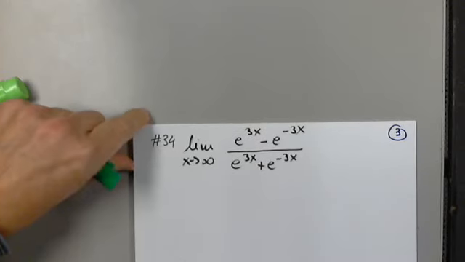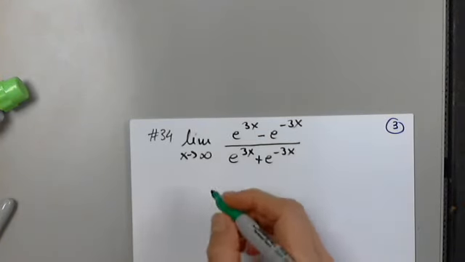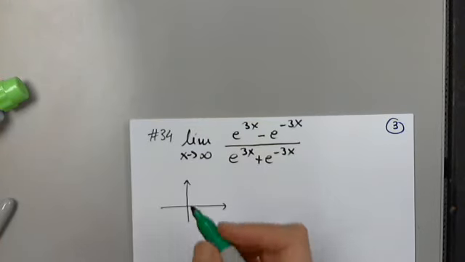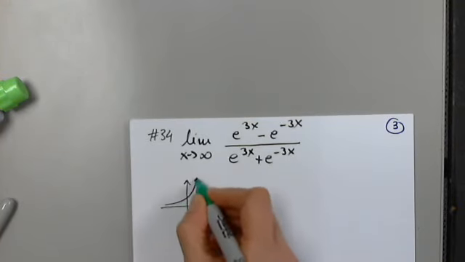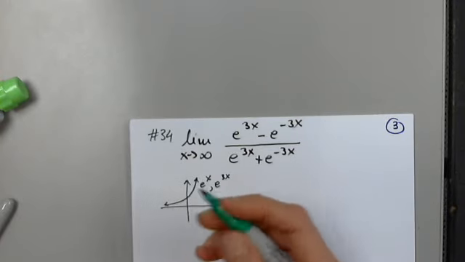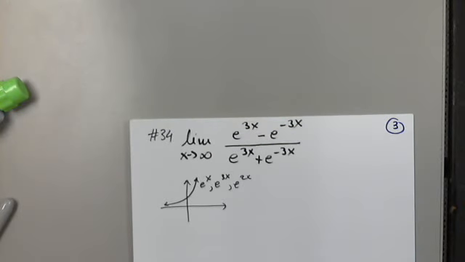Two things I want to discuss here before we even attempt the problem or plug it in to see what case it is, okay? If you remember, this is one of the graphs that I said, please commit to memory. This is the graph of e to the x. E to the x or e to 3x, or e to 2x, they're all going to be the same shape.